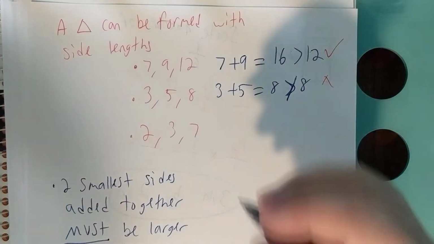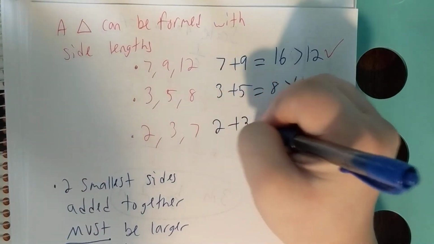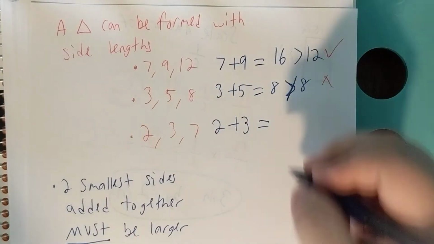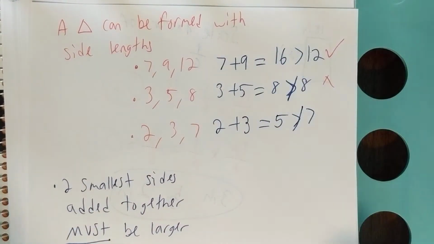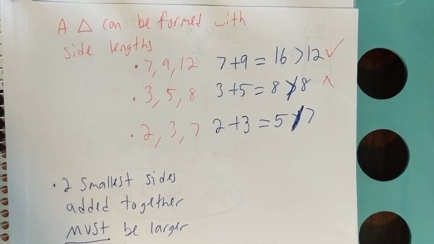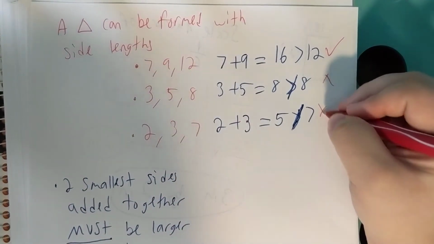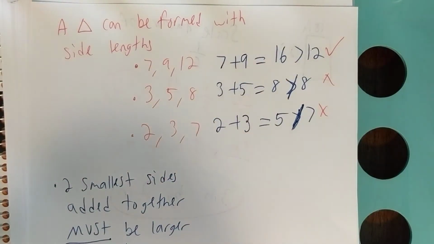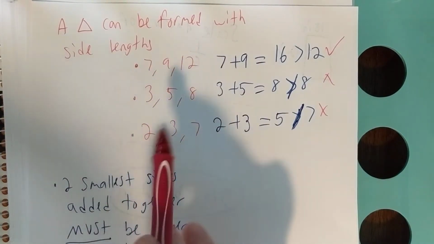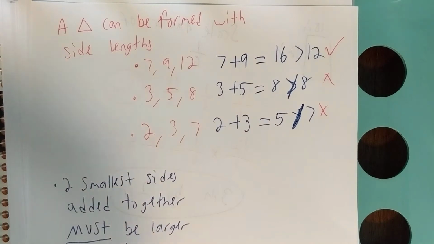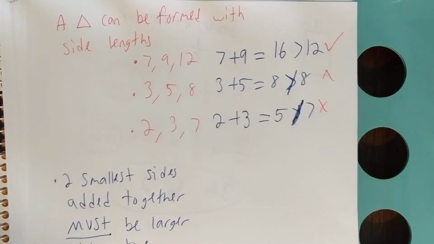And the last one. 2 plus 3 equals 5. 5 is not larger than 7. So that one also does not work. Again, they're not always going to be in order from least to greatest, so make sure you're pulling those out in the correct order. I'm going to go ahead and go to question number 3.